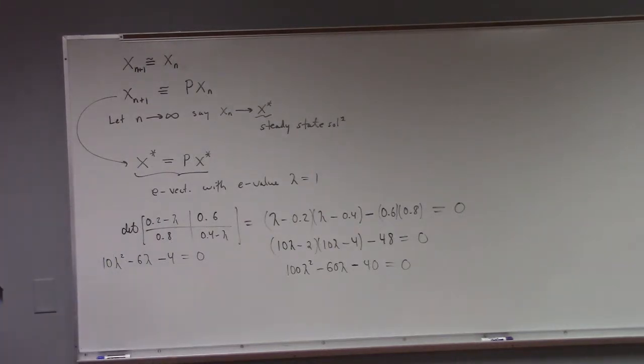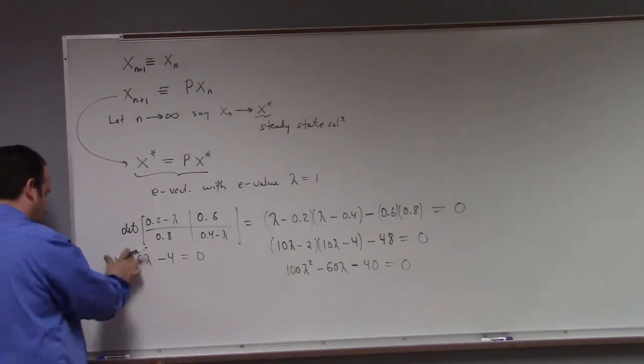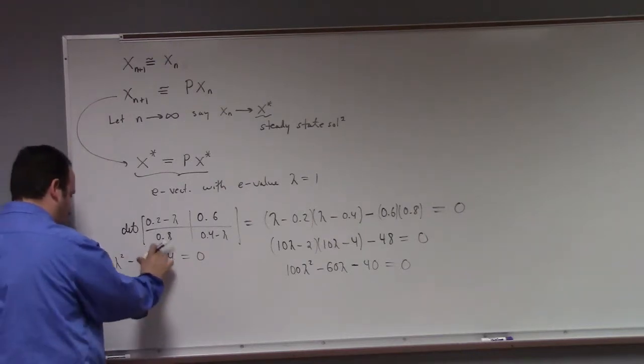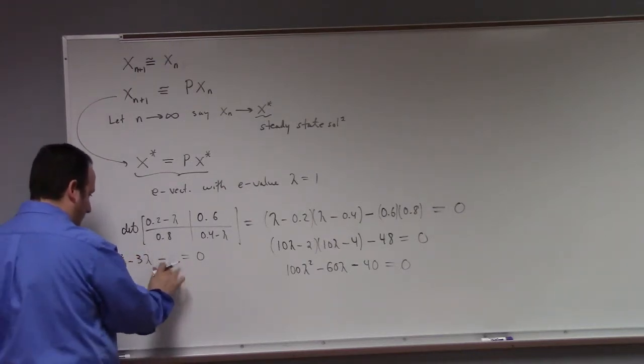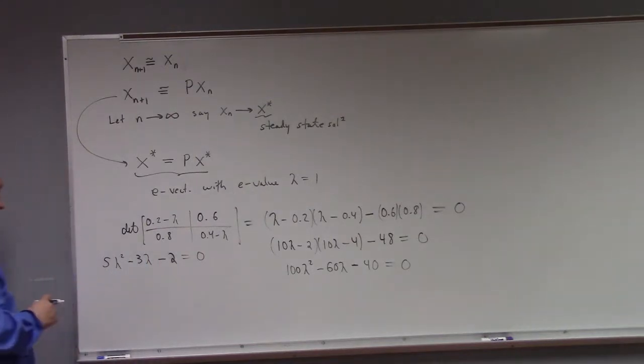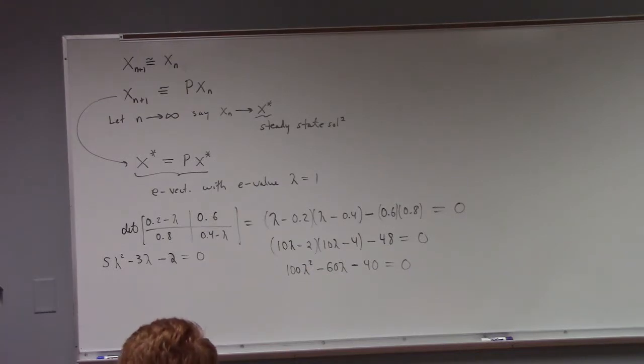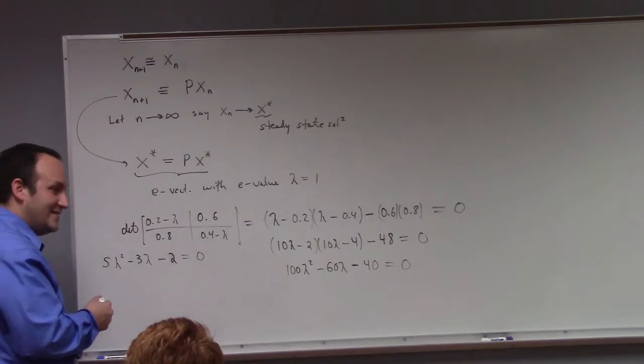What's that? She said, could you divide by 20 instead? Oh, divide by 20. Yeah, I like that. So 5, 3, 2. Thank you. I just made this problem up. If it factors, it's just amazing. So it does?